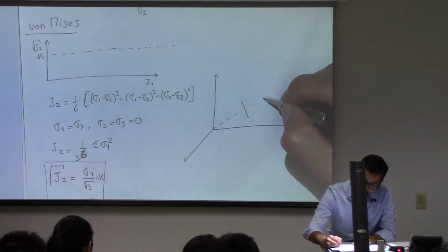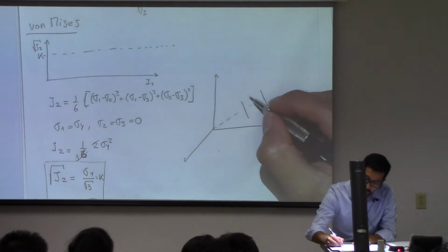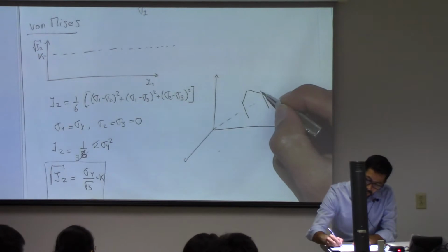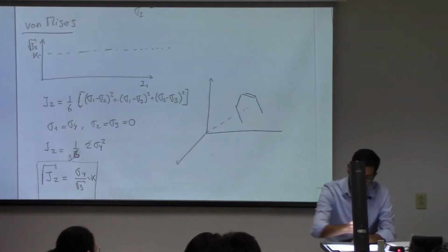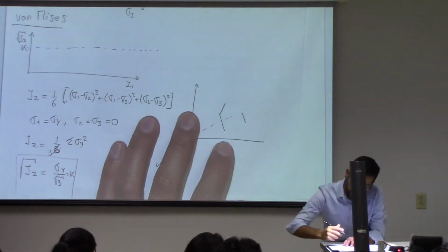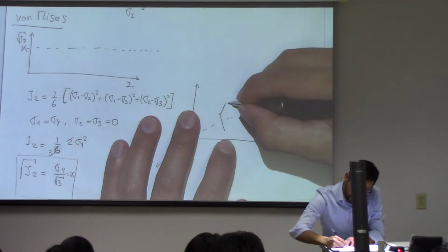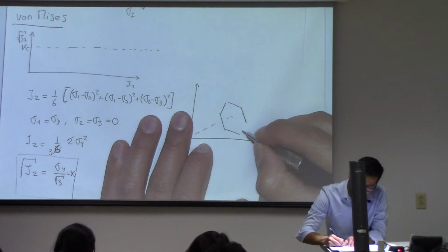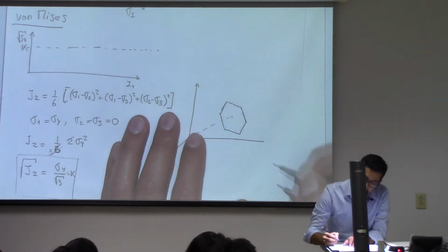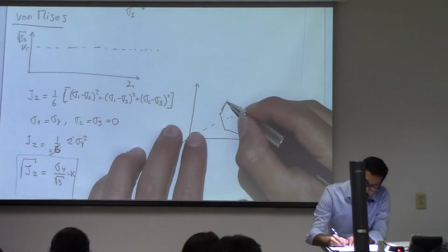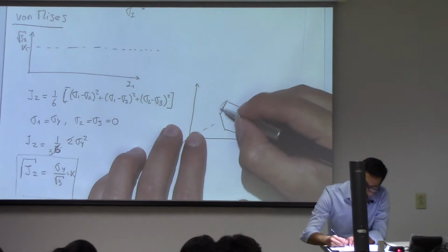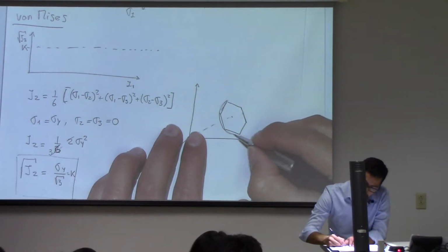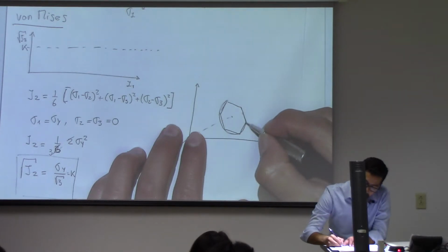Okay, so if this is a regular hexagon, the one of the Tresca, if you were to draw the von Mises criterion, it's going to be a circle that circumscribes the hexagon. But it's going to be a perfect circle.